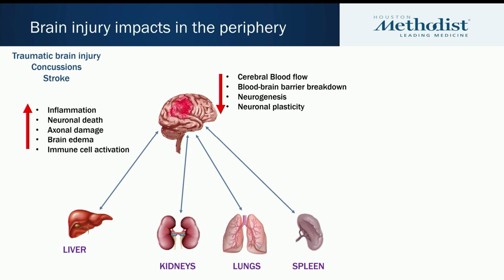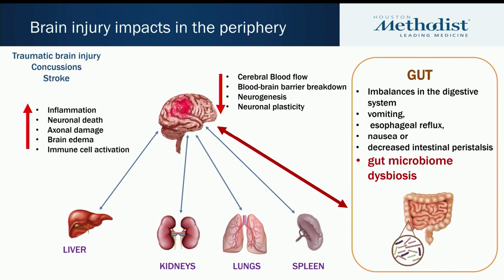When we have inflammation in the brain, axonal damage or brain edema, there is immune system inflammation, and there are alterations in neuronal plasticity, etc. This interaction has a direct impact on the gut, and we know that because we identify imbalance in the digestive system, vomiting, nausea, etc., and decreased intestinal peristalsis.